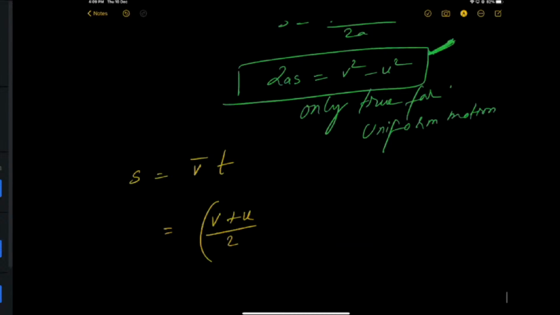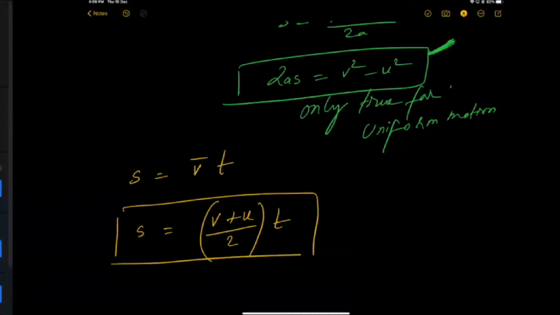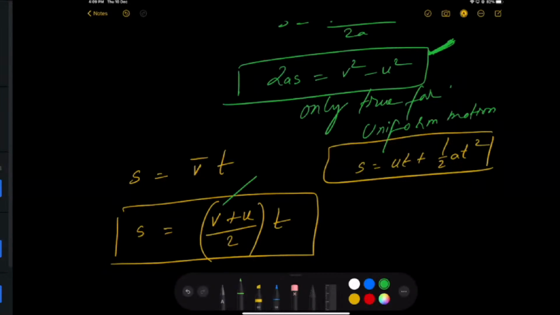Now using this I need to derive s equals ut plus half at square. Now if you observe, in this equation there is no v. So somehow I have to eliminate v. How will I eliminate v? I know already that v is equal to u plus at. So I'll use that. Okay. So in place of v, what will I write?